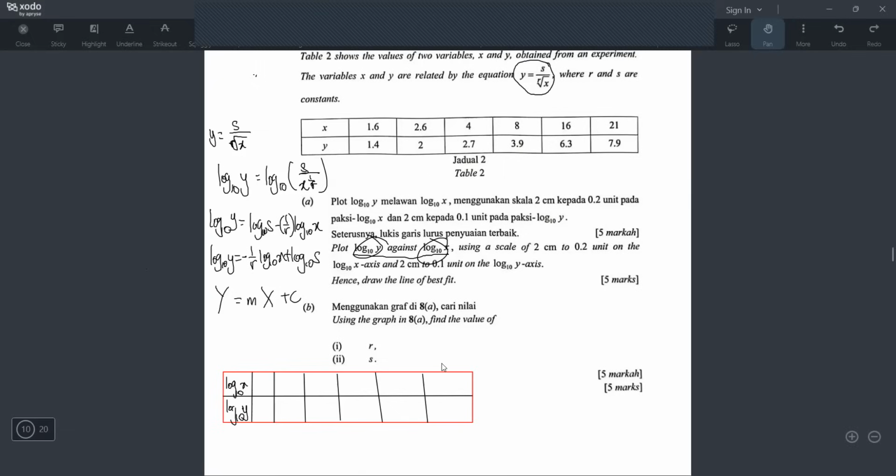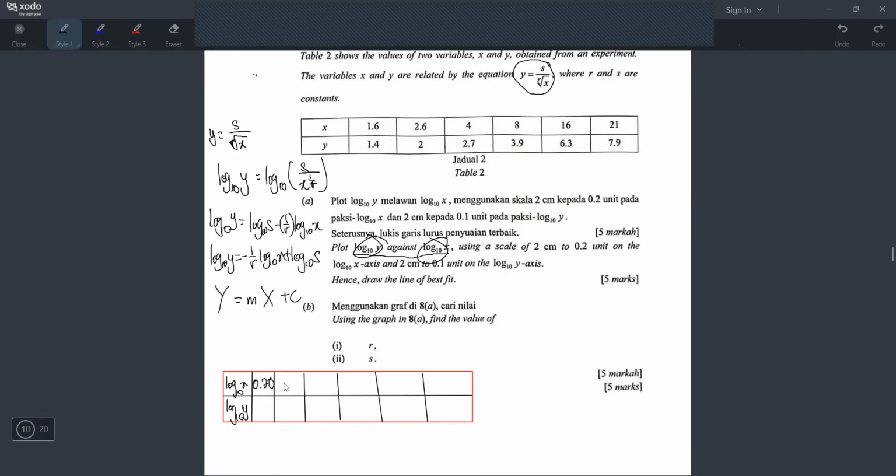So let's press calculator. Log 10, 1.6. My calculator gives me 0.2. You don't have to write so many decimal places because later you have to plot. When you plot the graph, 2 decimal places is enough. So 0.20, right? And then log 2.6, let's press.